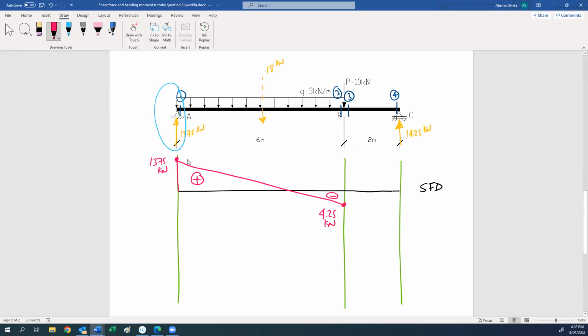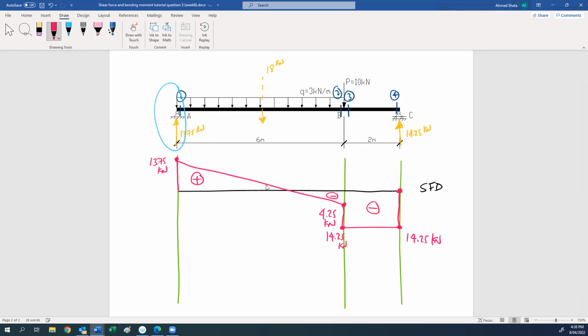From 2 to 3, we have 10 kilonewton going down, so we will go down 10 kilonewton, up to 14.25 kilonewton. From 3 to 4, we don't have any loads, so the shear will be constant, 14.25 kilonewton. Okay, then after section 4, we have the reaction going up 14.25, so we reach 0.